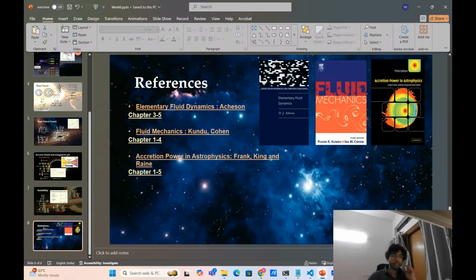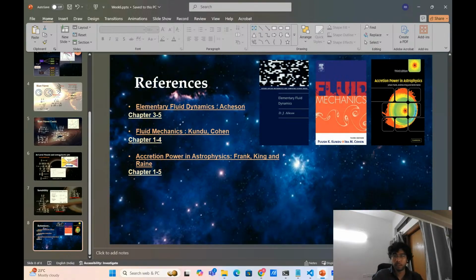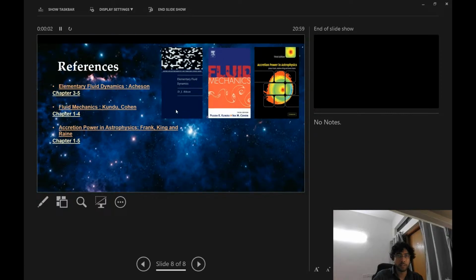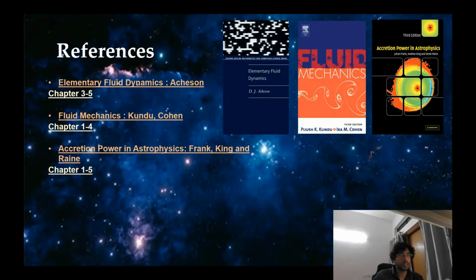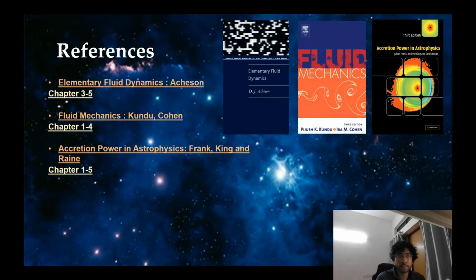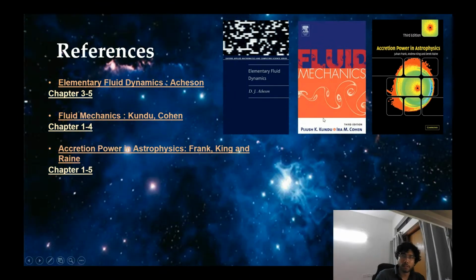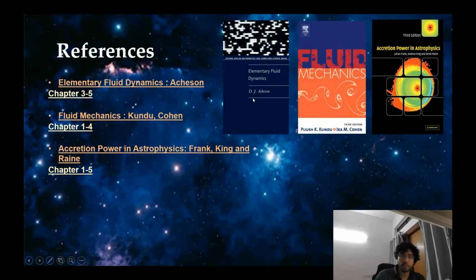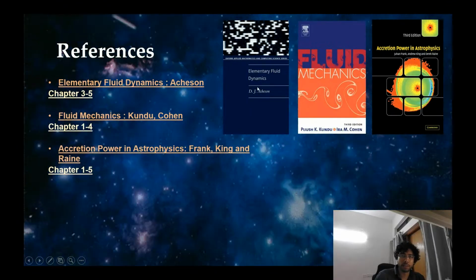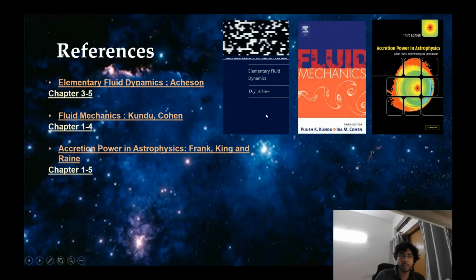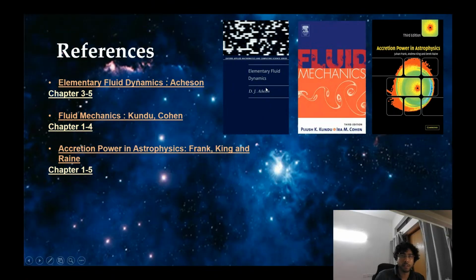So that is it for this week, and these are the references. Especially for instabilities, this Atchison book is good. You can see the third chapter, if I remember correctly; it is on waves.